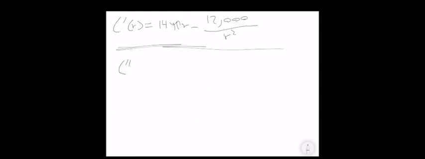So now C double prime of r equals 14 pi, because r to the 0 is 1, minus, then this is the same as negative 12,000 times r to the negative second.